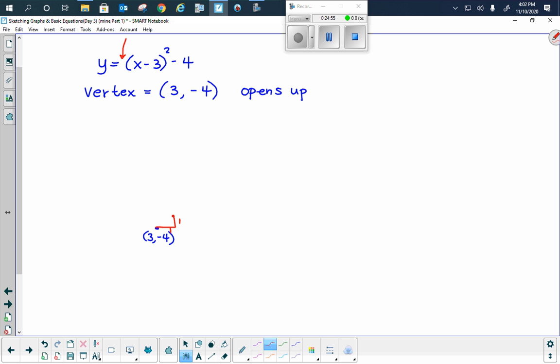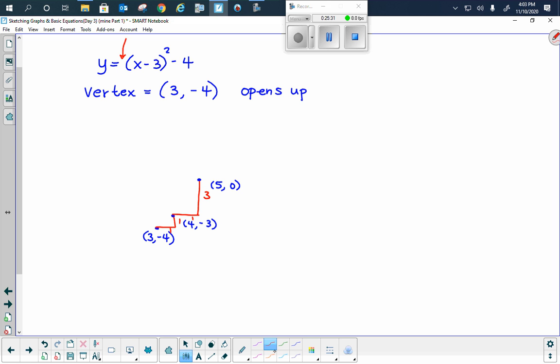I will label that next point, which would be (4, -3). Again with the pattern, if I go out 1 and now up 3, I'd be at my new point. If I move to the right 1 and up 3, I would now be at (5, 0).